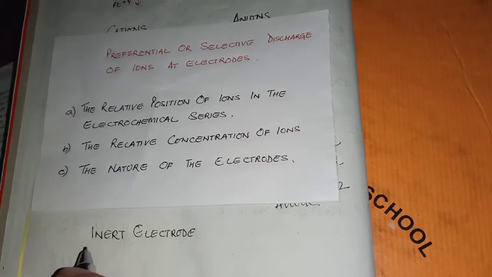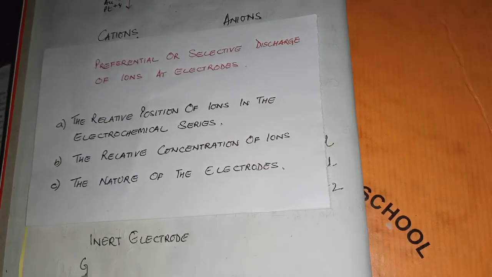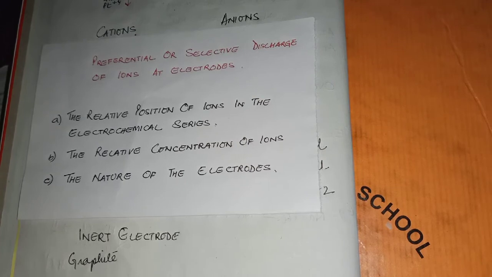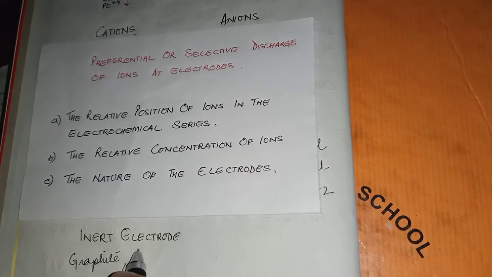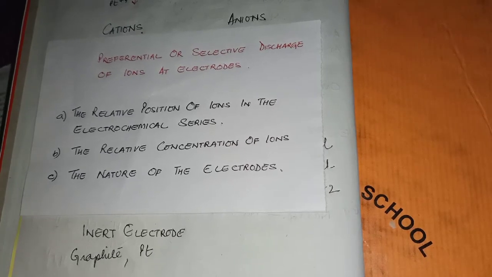For example, graphite electrode made up of graphite, they do not undergo any type of chemical reaction during electrolysis. Or platinum. These are some of the examples of inert electrodes, which do not take part in any chemical reaction in the electrolysis process.